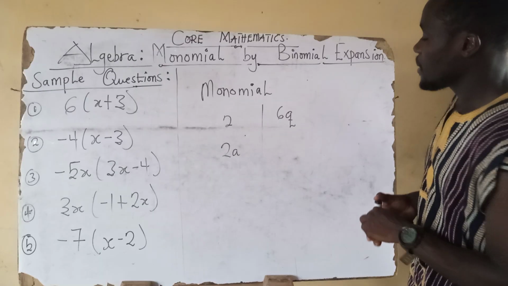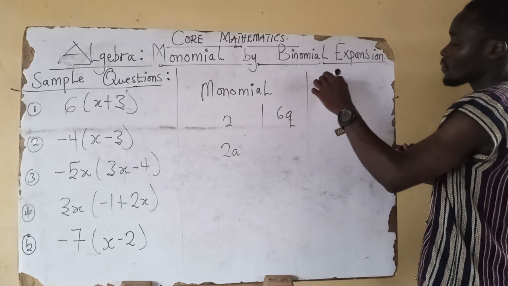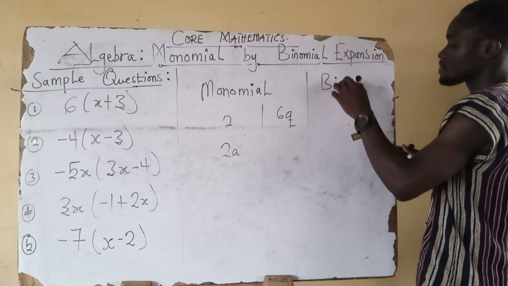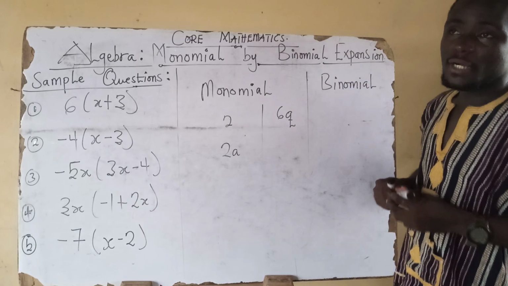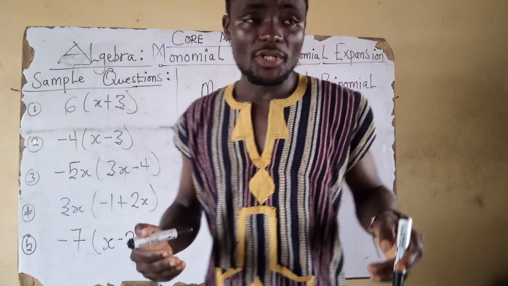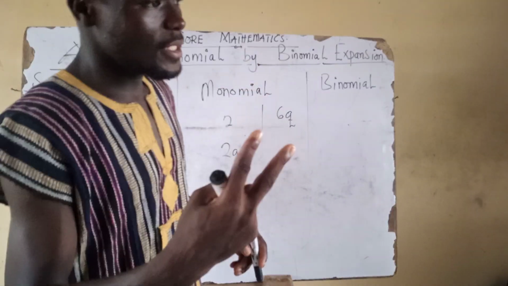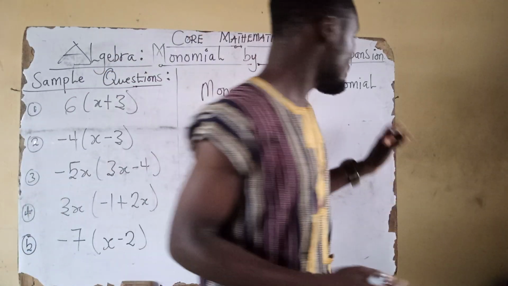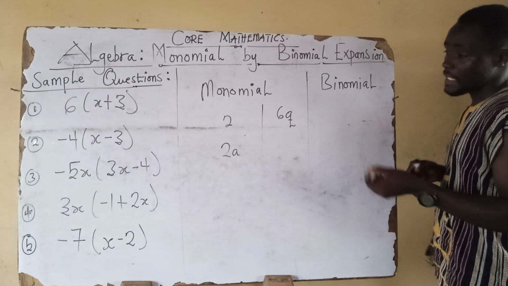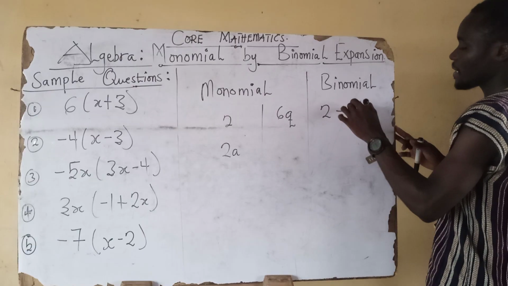In the same manner, when we dive into what we call binomial, we are talking about expressions containing two terms. Are you with me? Expressions containing two terms. So with binomial, I can have something like 2 minus a.